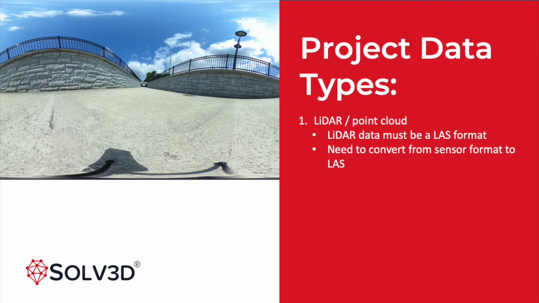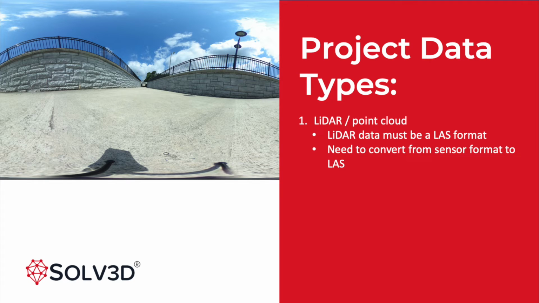They all have their own proprietary ways of doing things. So we do have ways of converting most of those sensor formats into the LAS format. So we'll cover that in another video, but LAS format is ultimately what we need.